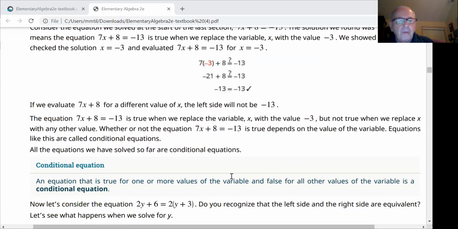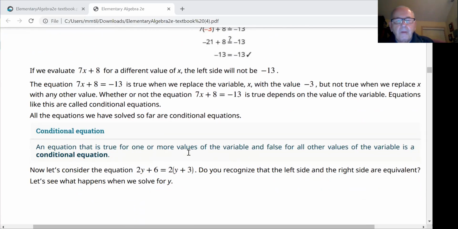A conditional equation is true for one or more values of the variable and false for all other values. It could be plus or minus 1, or there may be cases where you have more than one, but the point is it works for just a specific number of values.